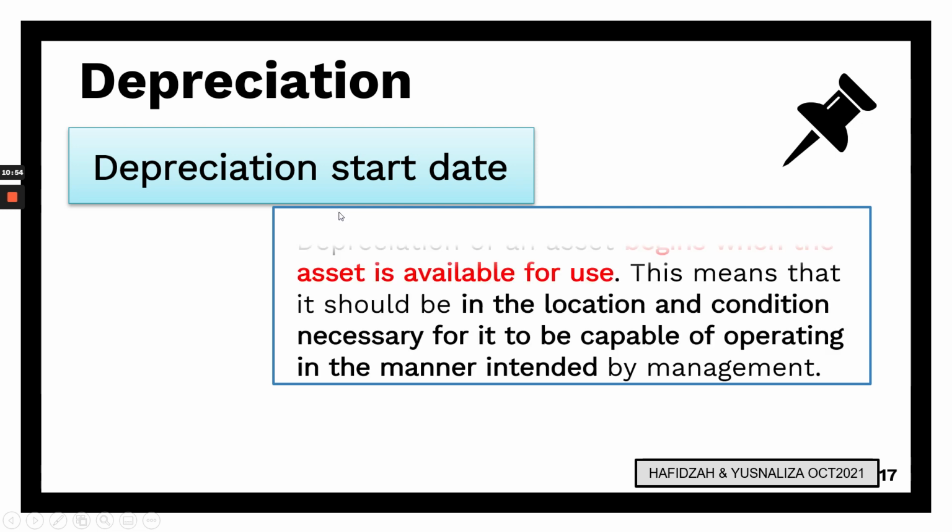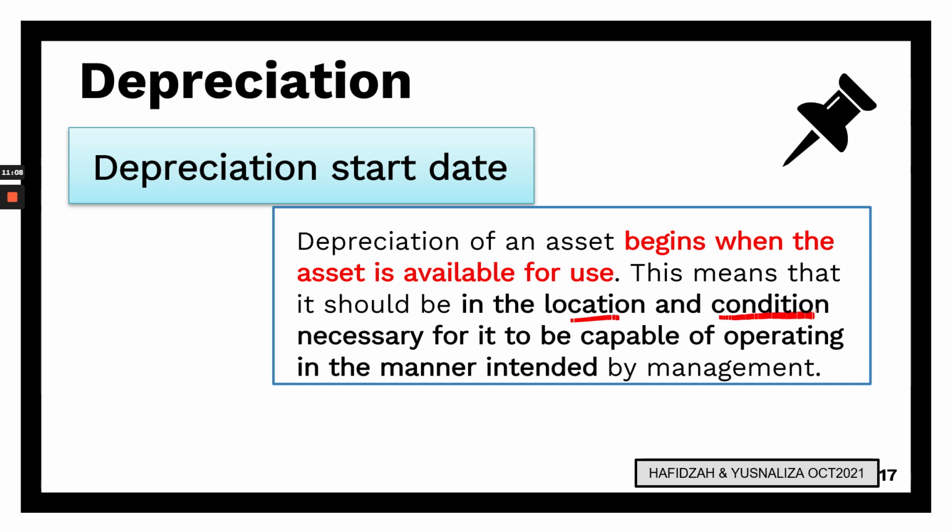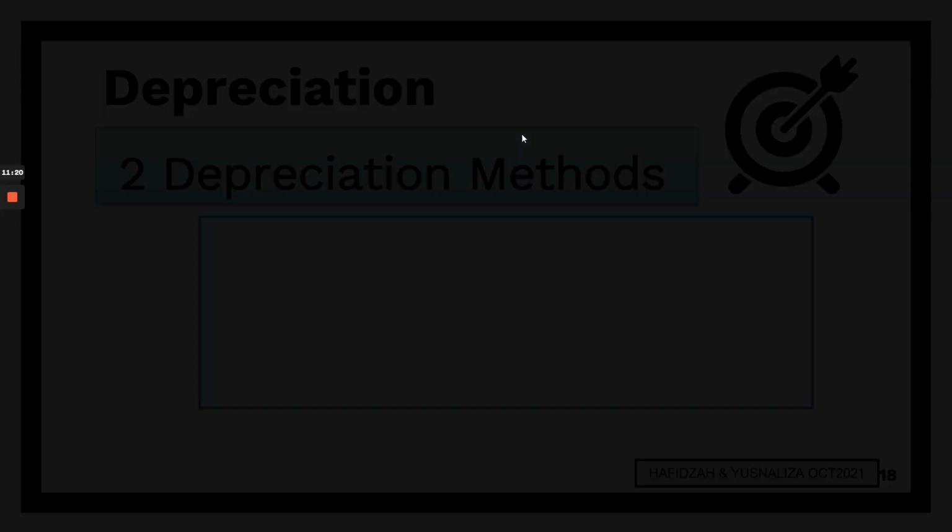The start date of the depreciation is normally when the asset is available for use, meaning that it is ready for its intended working condition and intended purpose. So in the location and condition which is fit and necessary to be capable of operating in the manner intended by the management, there you will start to provide your depreciation.